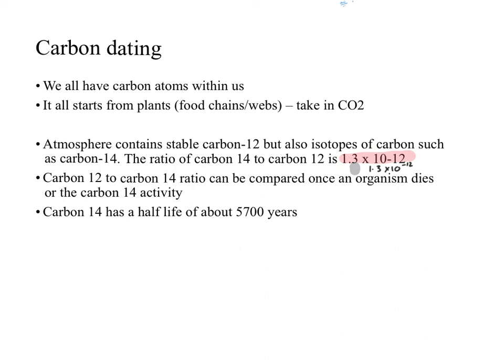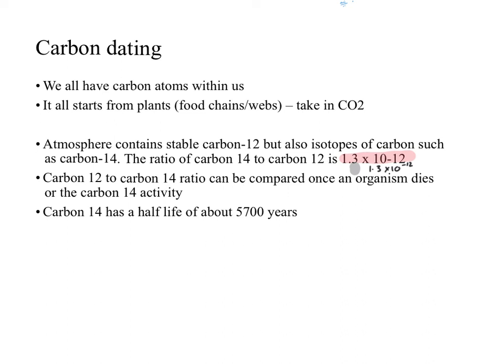If we get the activity, then we know it's directly proportional to the undecayed nuclei in the sample. So in that way, we can calculate the time since the organism has died by comparing the activities and the ratios of the carbon-14 to carbon-12 nuclei of the dead material to a living one. So we call this carbon dating.